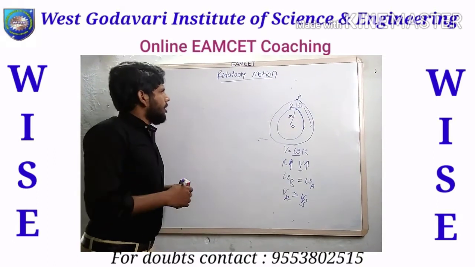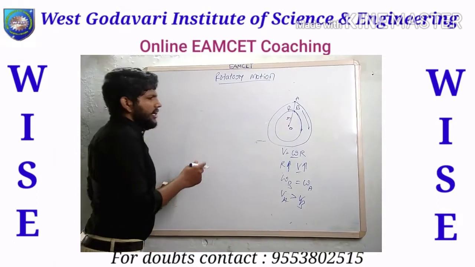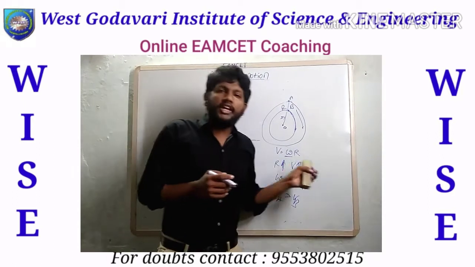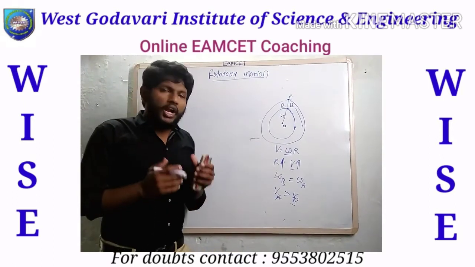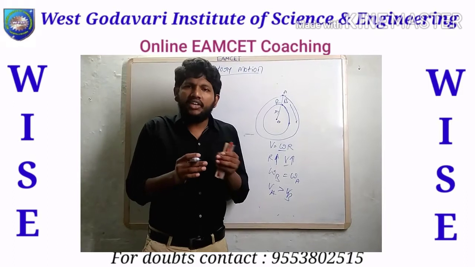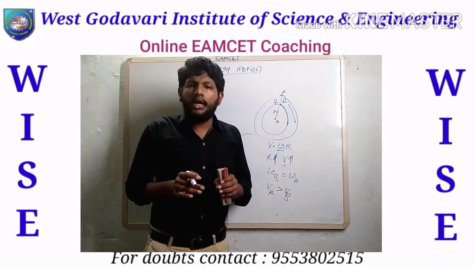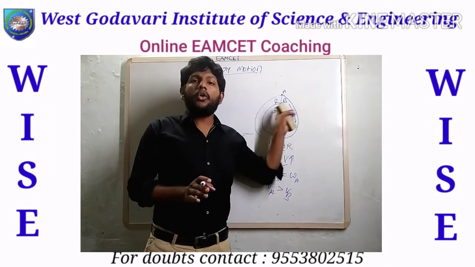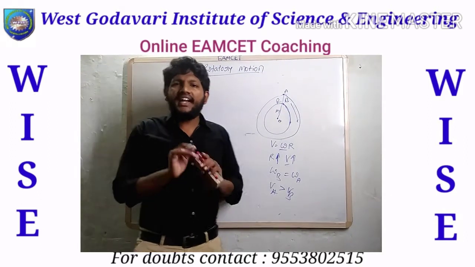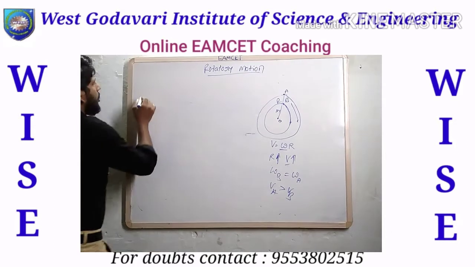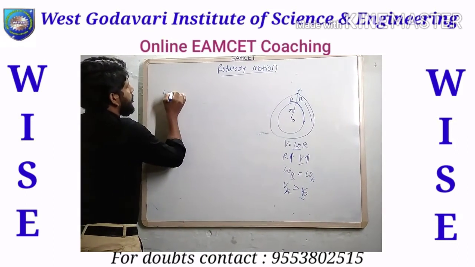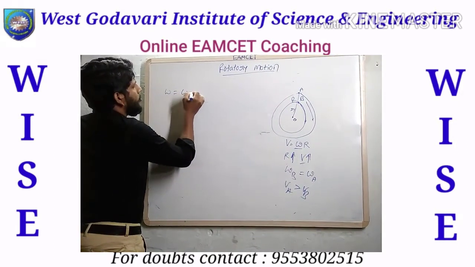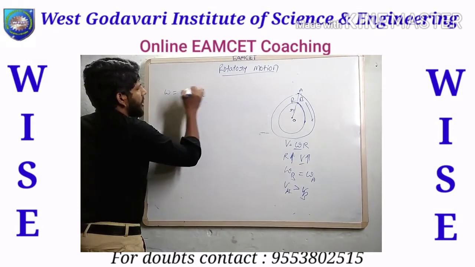Okay, right. So let us consider the equations needed to specify rotatory motion. We all know that we have kinematic equations for linear motion. Also we have some equations for rotatory motion. Let us check what those are. So we have w equal to omega naught plus alpha into time.